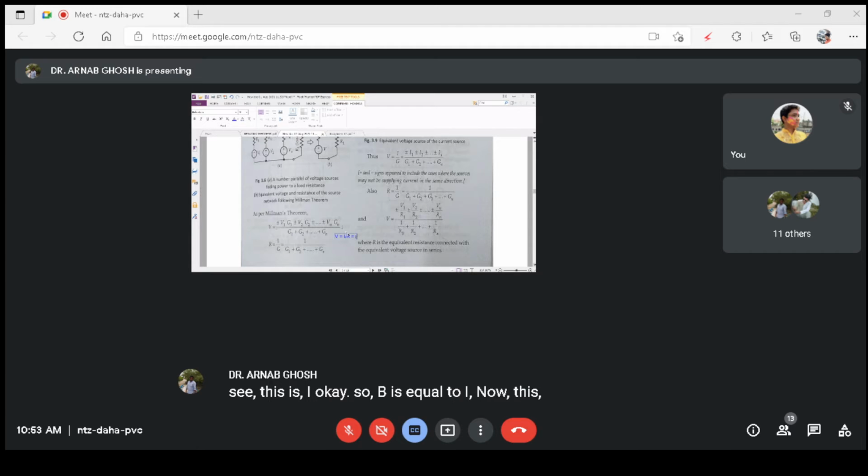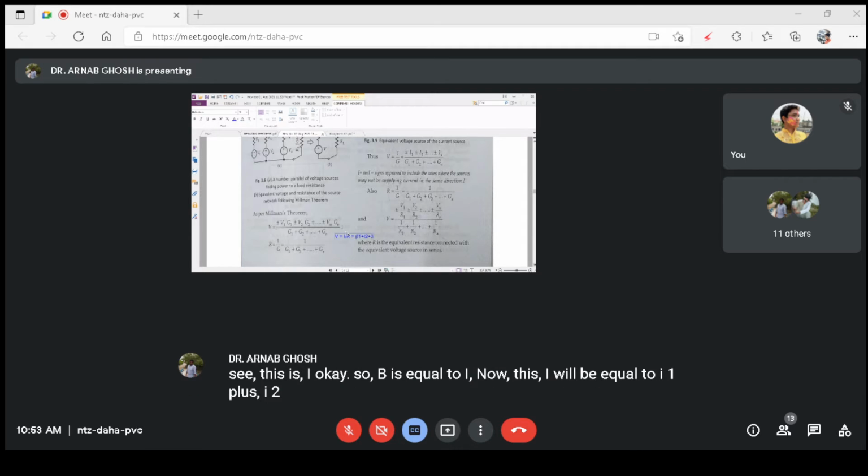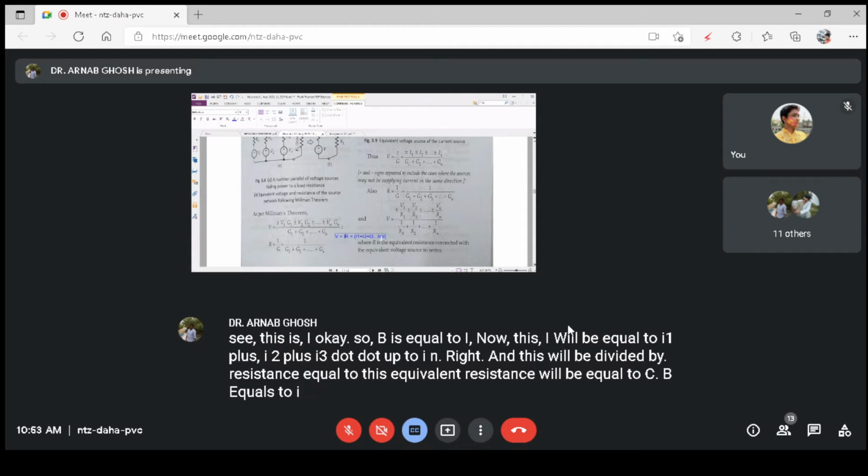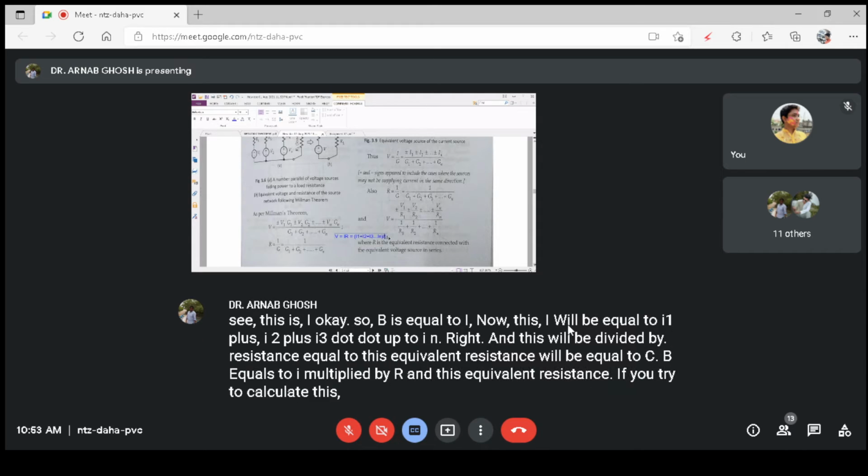Now this I will be equal to I1 plus I2 plus I3, and this will be divided by the equivalent resistance.